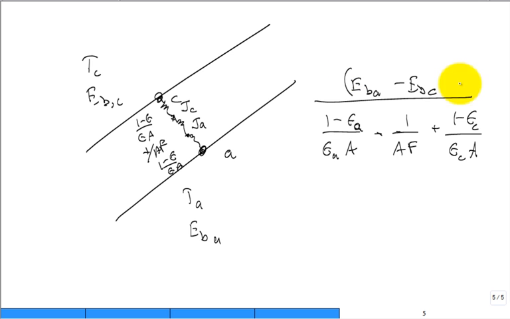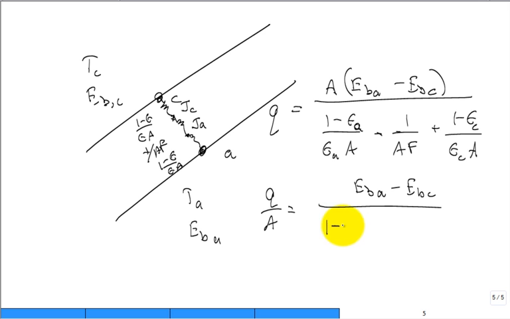And so you just bring that area out, or you could put it as Q over A, and now it's the flux that I want. Okay. And then we have EB absorber minus EB of the cover. But we have this 1 minus epsilon A, and you just divide by epsilon A and then put over epsilon A, plus 1 over the view factor, plus 1 over epsilon cover, minus epsilon cover over epsilon cover.